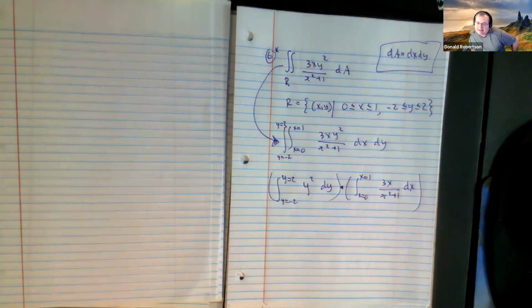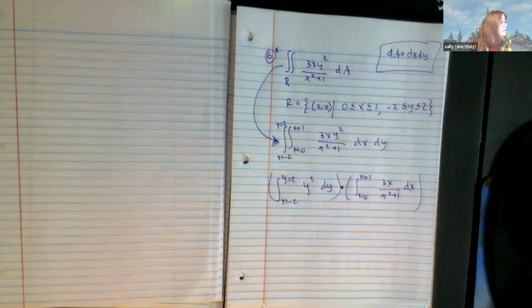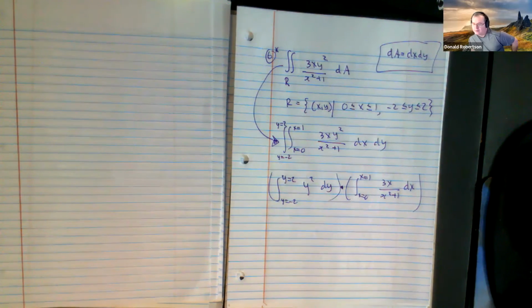Does that kind of make sense that that could be done? Now, that's not very common. It certainly makes life prettier. It certainly makes life 10 times easier. Would you agree? It's much easier to integrate when there's only one variable to deal with, right?